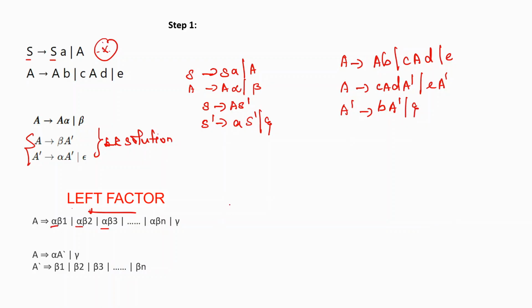We'll take one more example: A tends to A B bar A C bar C. Here two productions have the same starting symbol, so it gets replaced with A tends to A dash C, and A dash represents B bar C.